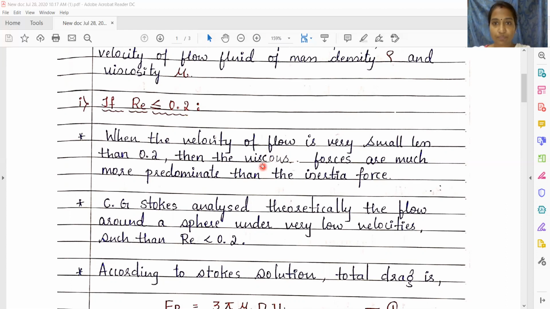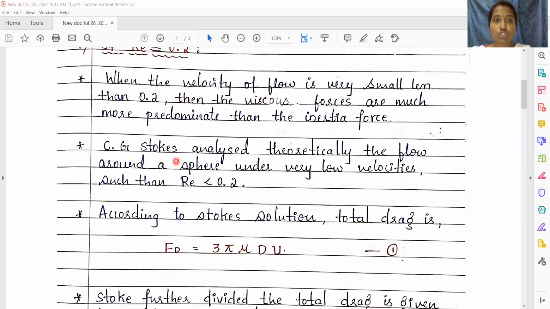Then Stokes analyzed theoretically the flow around a sphere under very low velocities, such that Re is less than 0.2. So Stokes analyzed for a low velocity.